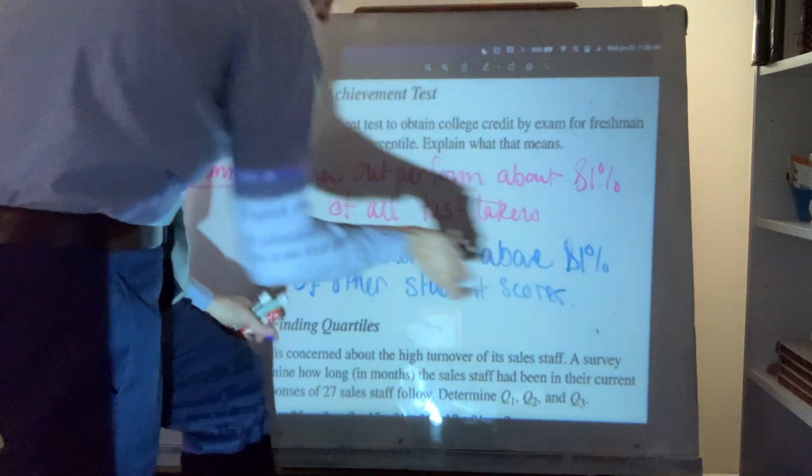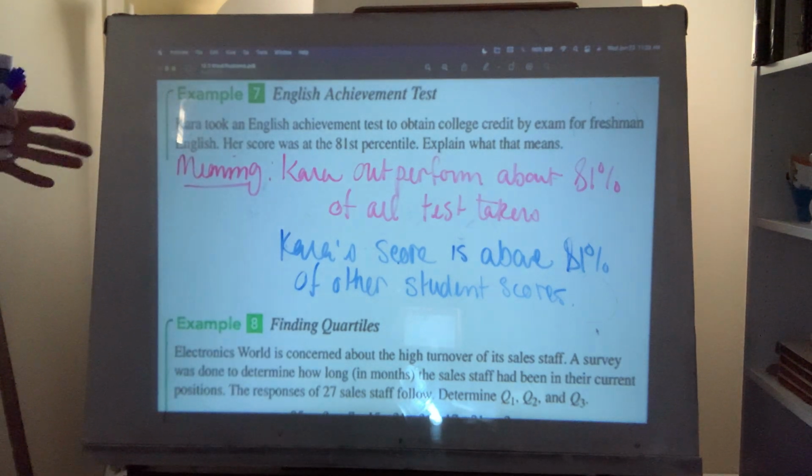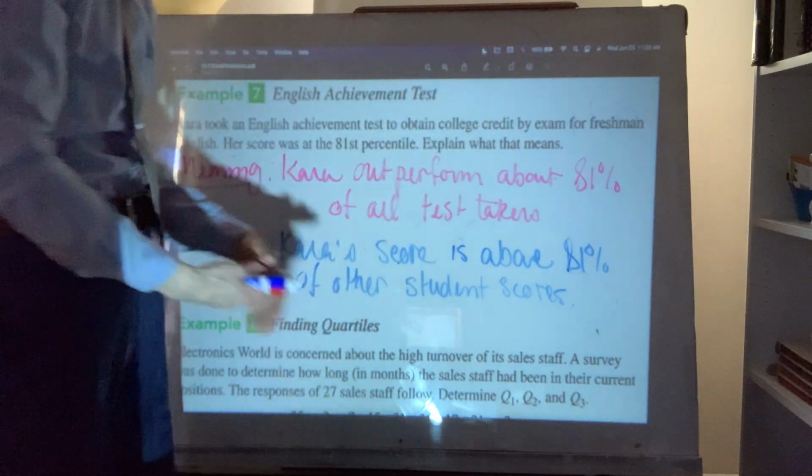Without specifying what her score is, hers would be above 81% of the total data.